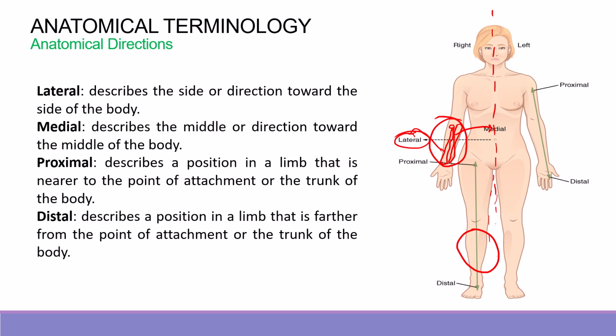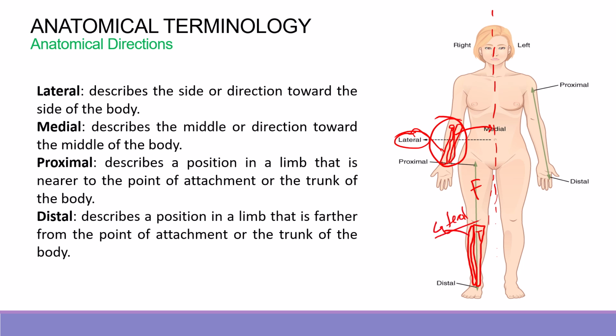So the only reason why the radius is lateral is because you're comparing one of the bones of the forearm against the other bone of the forearm. Same thing here in the leg. The tibia, which is this big bone that connects to the femur, which is the bone of the thigh, is medial because you're comparing against the fibula, which is the second bone that runs in the leg, and the fibula is the lateral bone.